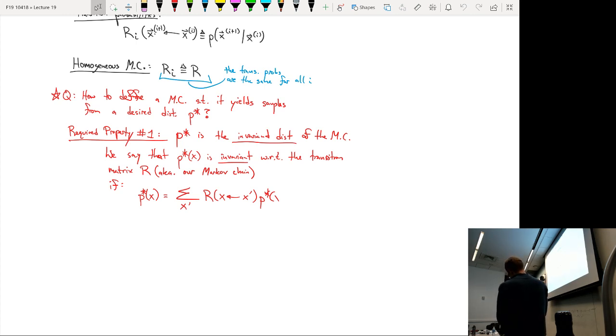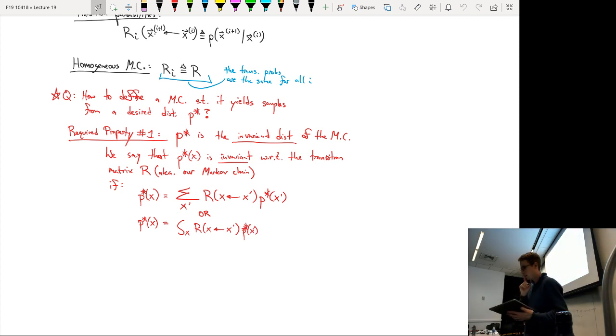Or in case x is continuous, we can write this as P star of x equals the integral of this quantity. These two statements are the same, just that one is for discrete and one for continuous. So if this is true, then P star is the invariant distribution of the Markov chain.